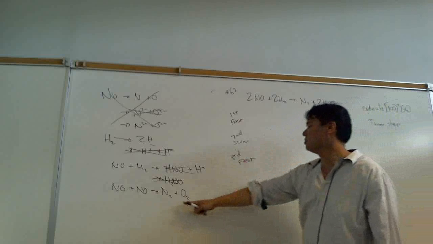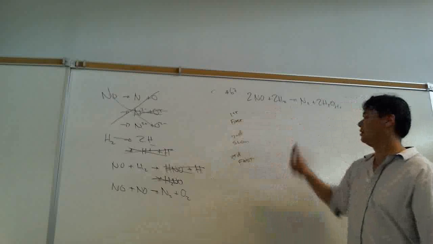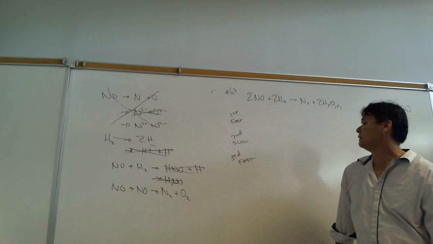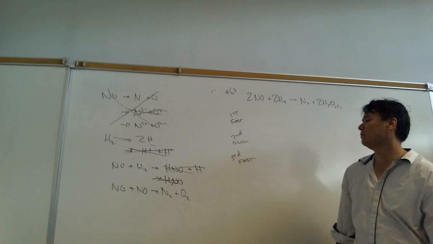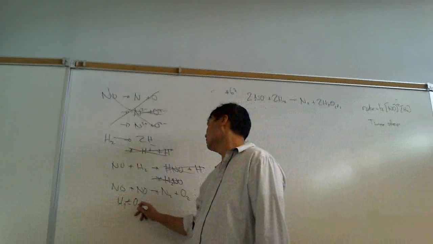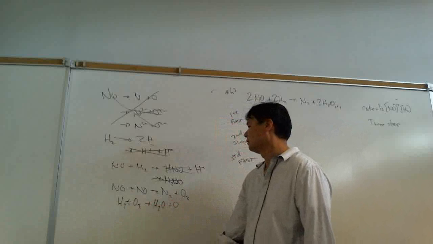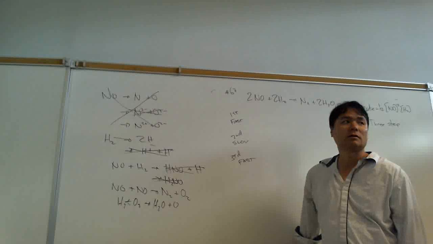Because if we get the N2 here, all we have to do is form the water, with O2 plus 2H2 giving 2H2O. But this is 3 steps, so it's not going to work then. Can we form all the products from N2 and N2? Wait, what if I do an H2 plus an O2 yielding an H2O plus an O, and then have the second O attack the other H2? Maybe that might work.